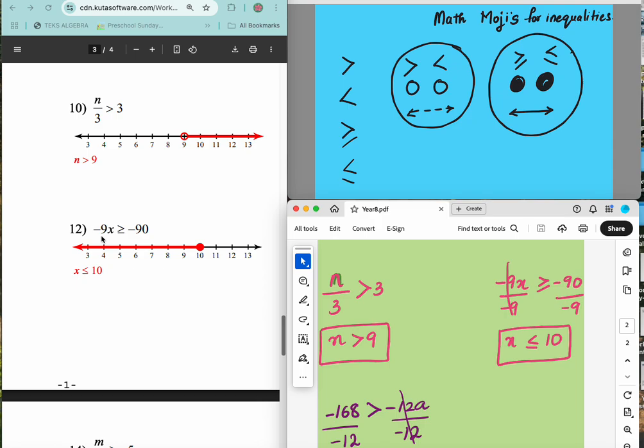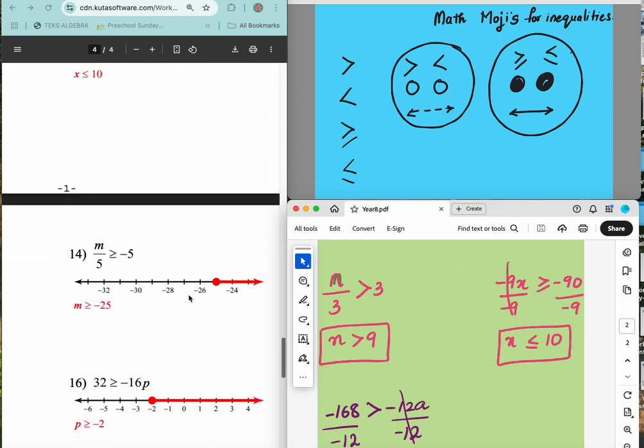Negative 9 times 11 is negative 99. Negative 99 is greater than or equal to negative 90. That inequality would have been incorrect. So whenever you're dividing with negative numbers, standard rule, flip the symbol. That's a special case scenario.